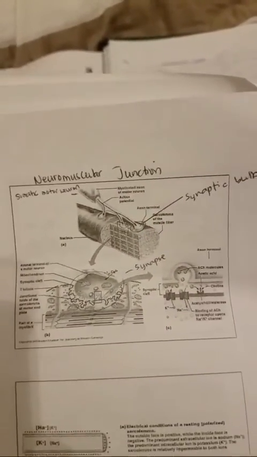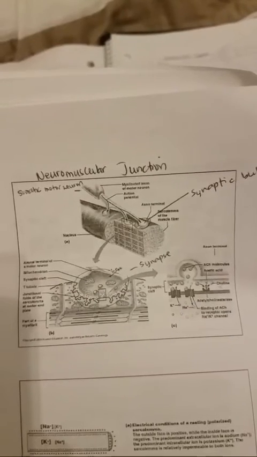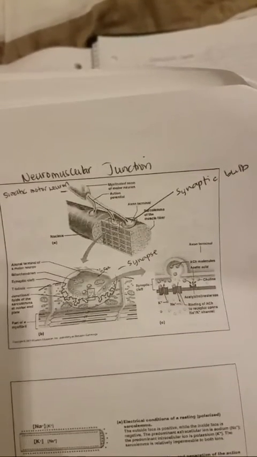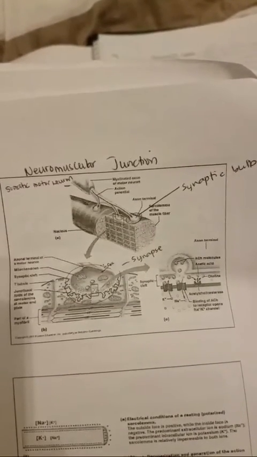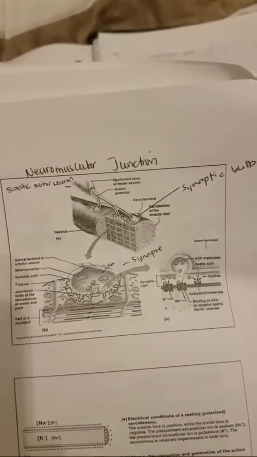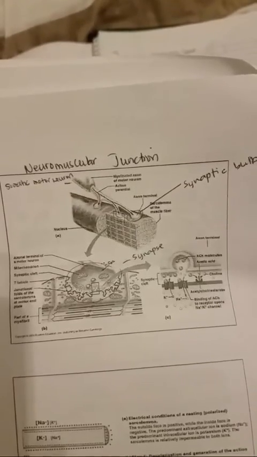I band, neuromuscular junction, somatic motor neuron, synaptic bulb. Myelinated axon of motor neuron, action potential.